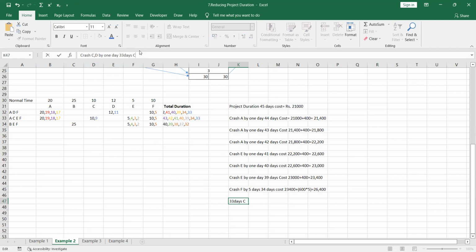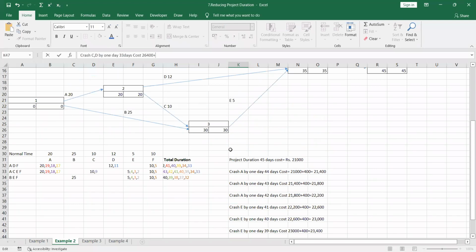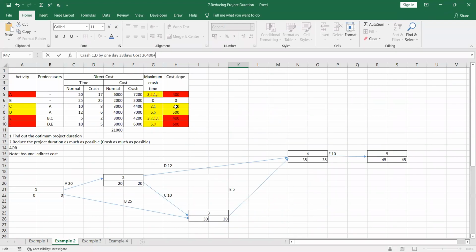So the cost we have to find. The previous cost is 26,400. For that 26,400, you have to add the C and D cost, 700 and 500. 700 plus 500.